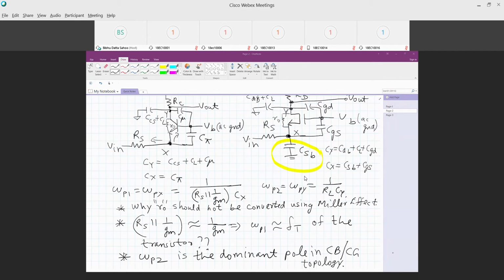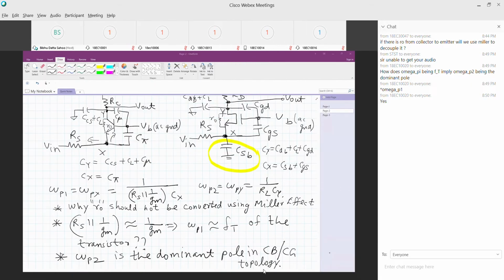So therefore, omega P2 has to be the dominant pole because it is a value less than omega P1. Does it answer your question? Okay, I assume that it answered your question.